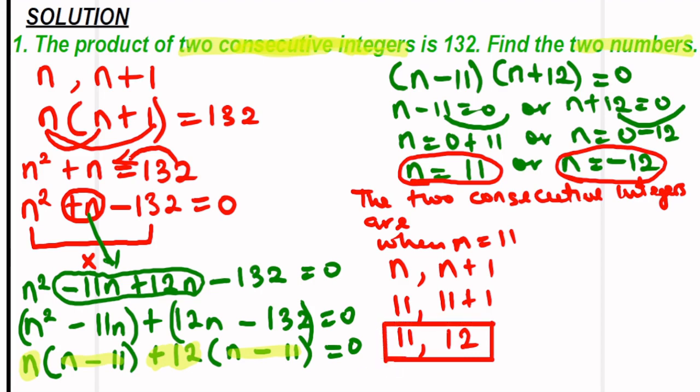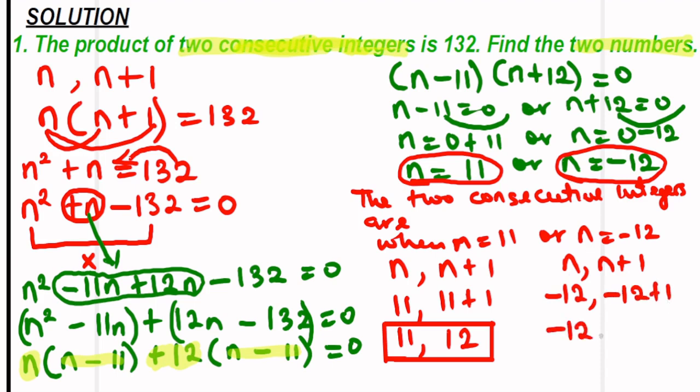But like I said, integers means negative or positive numbers. So now let's work with the negative, or n equals to minus 12. So now n, comma, n plus 1 is going to be, n is what? Minus 12. Then n plus 1 will be minus 12 plus 1, which will give us minus 11.